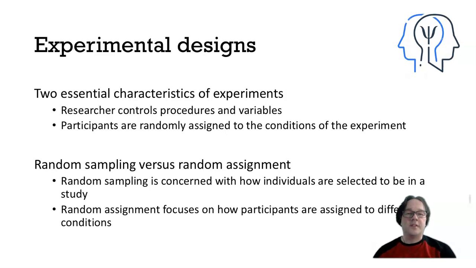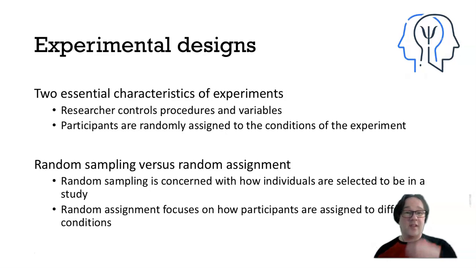If we were to do a study to see if some new treatment, and maybe it's a social psychological treatment that we develop, is effective in treating depression, if we were to use random sampling, we would need to identify every single person who is suffering from depression right at this moment.